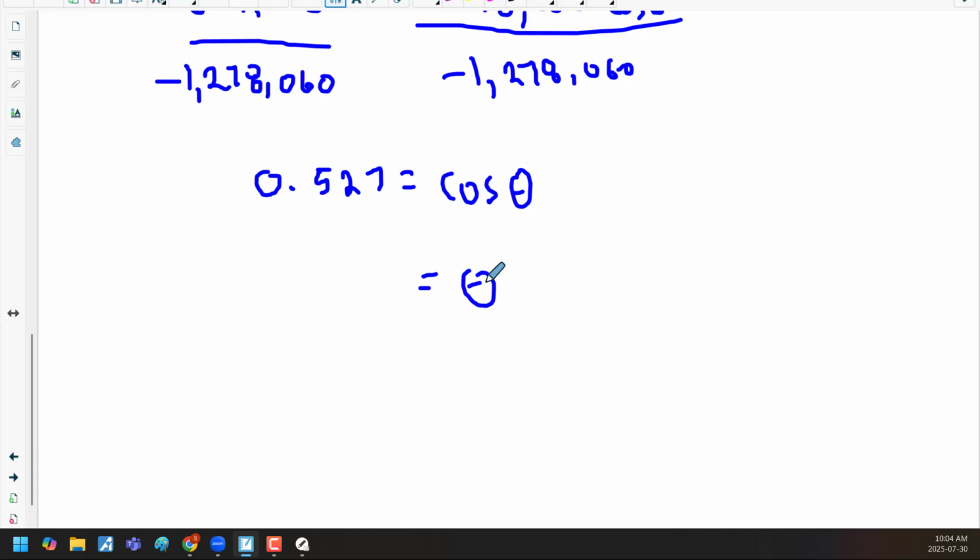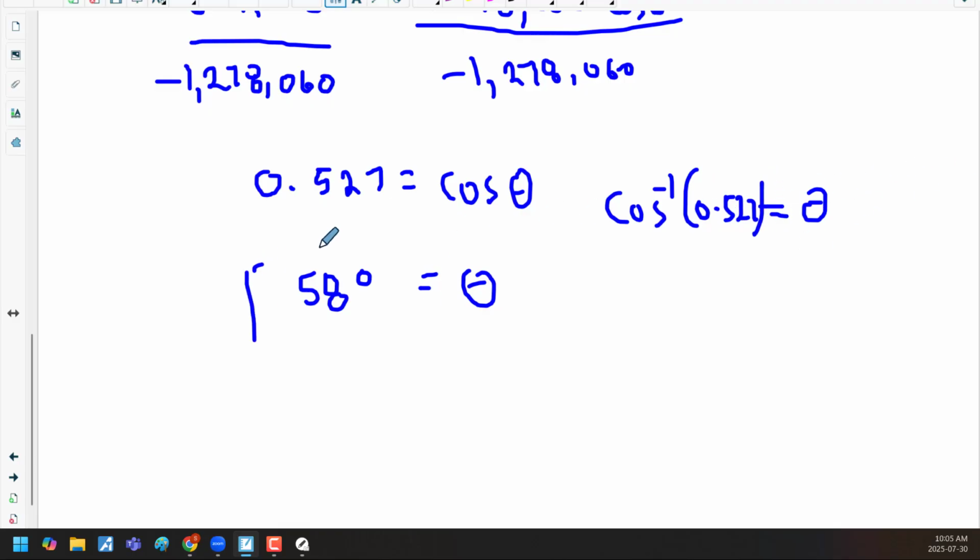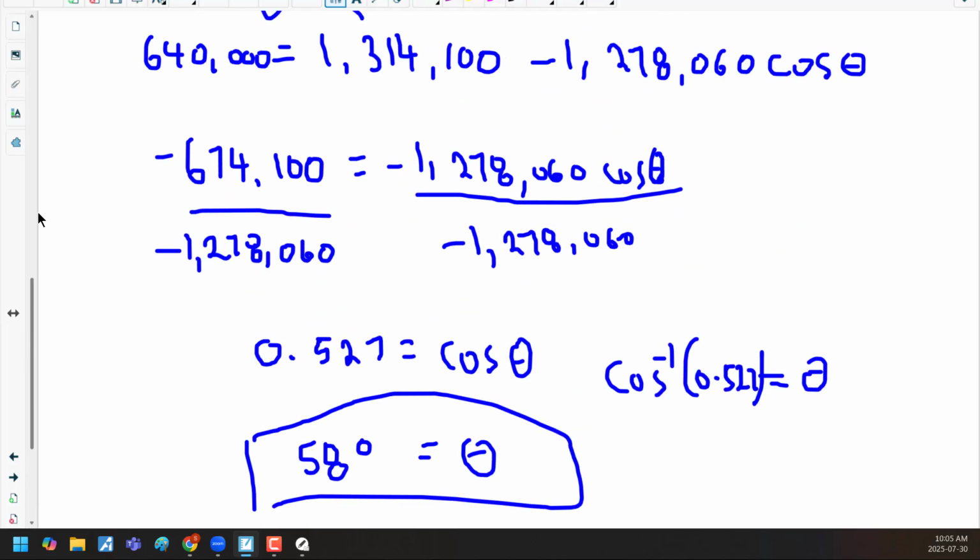So the angle is going to be 58 degrees. And the missing step, in case you need me to do it, which I've been doing this whole time, is to take the inverse cos. And that's the answer, 58 degrees.